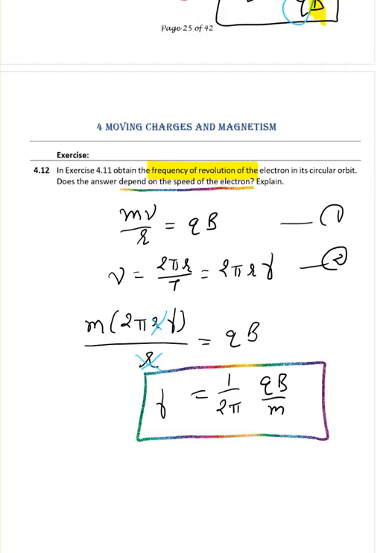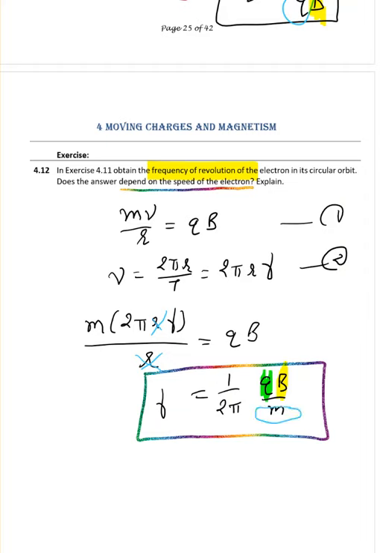This shows the cyclotron frequency, actually we are talking about the cyclotron. So how fast will the charged particle complete one revolution? It purely depends on the charge of the particle, how much is the magnetic field, and how much is the mass of the particle.